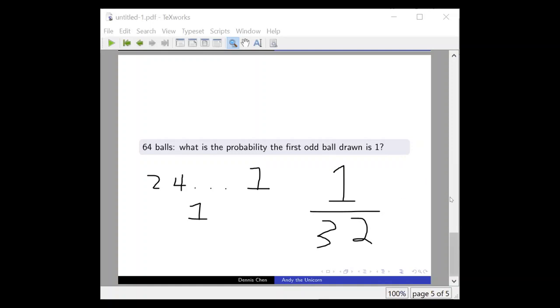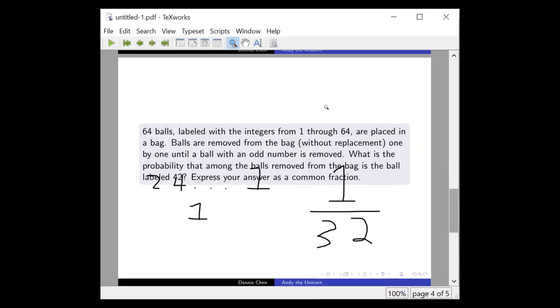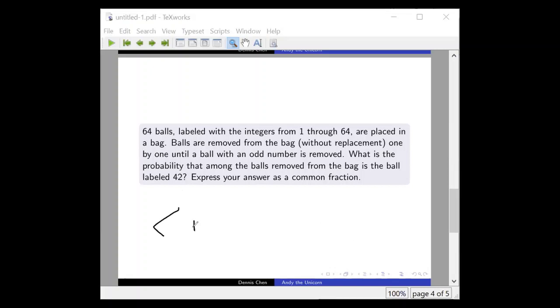All right, so now, armed with this idea of throwing away information, let's look back at this problem. 64 balls labeled with the integers from 1 through 64. So you can have a set of all the odd numbers: 1, 3, ..., 63.